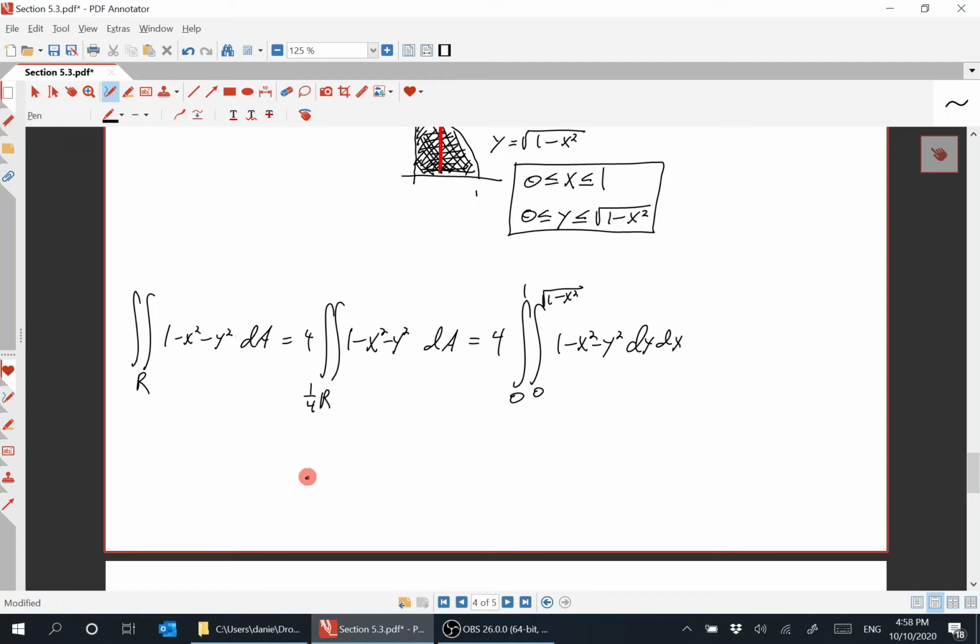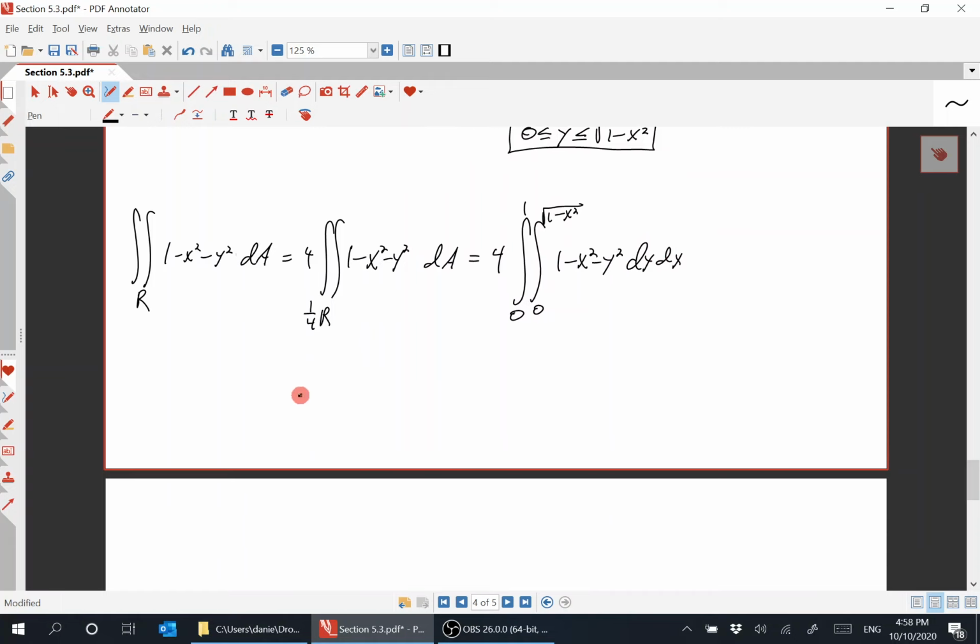Okay. Antiderivative with regard to y is equal to the integral from 0 to 1, 1 minus x squared times y, minus 1/3 y to the third from y equals 0 to y equals square root 1 minus x squared dx.